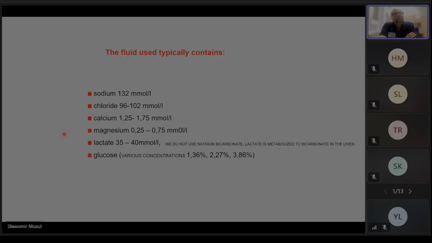Chloride, calcium, magnesium, lactate. Remember that we don't use sodium bicarbonate, only lactate. And glucose: various concentrations of glucose are used in the fluid.